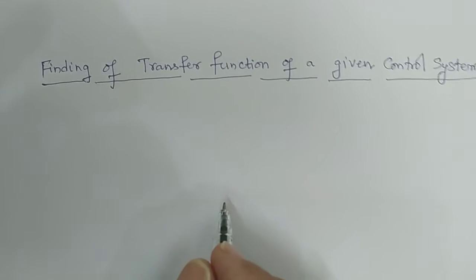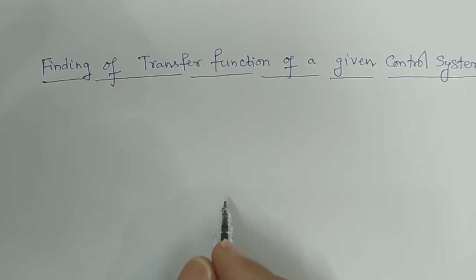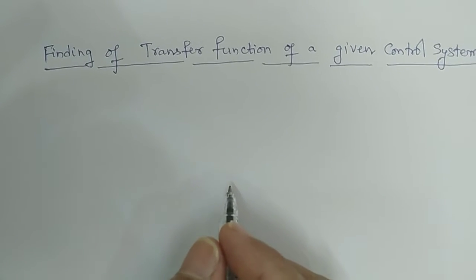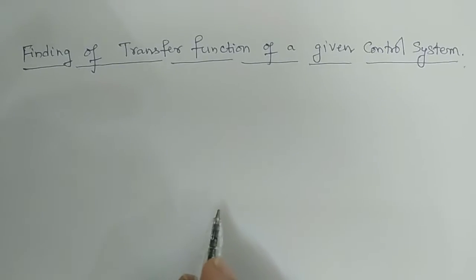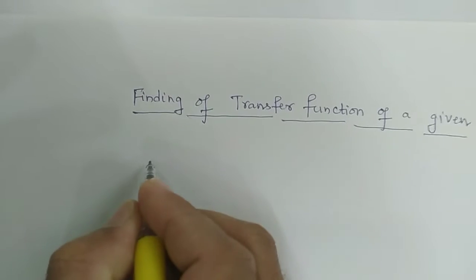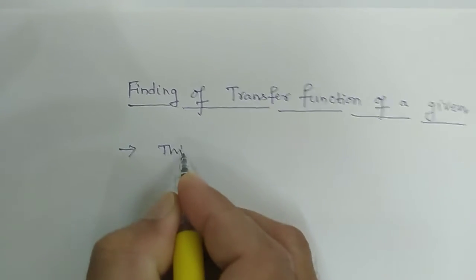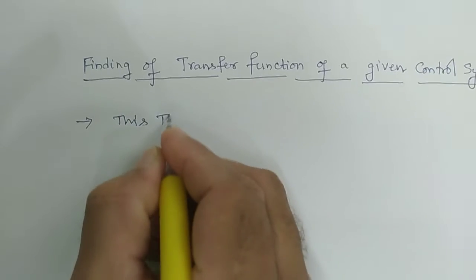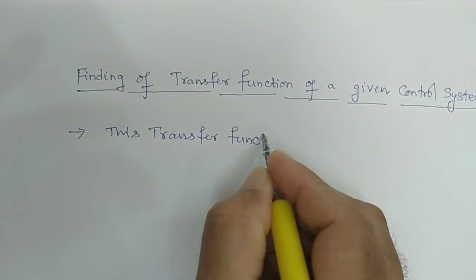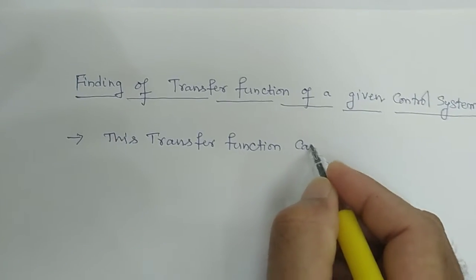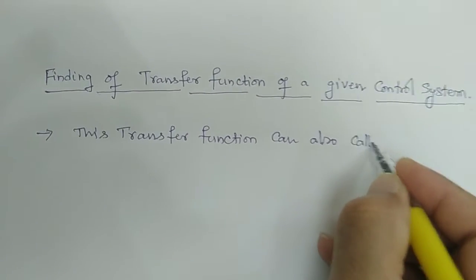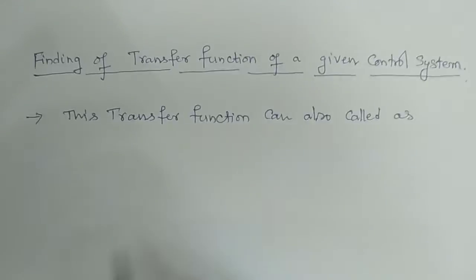In order to find out the transfer function, this can also be called the closed loop transfer function, or otherwise the overall transfer function.